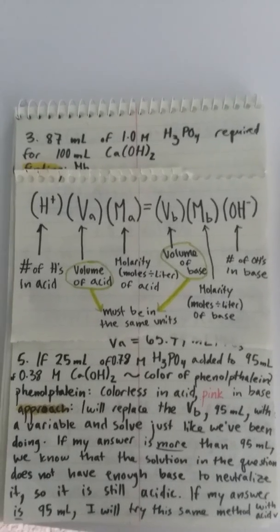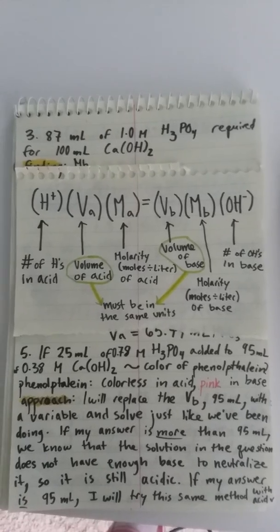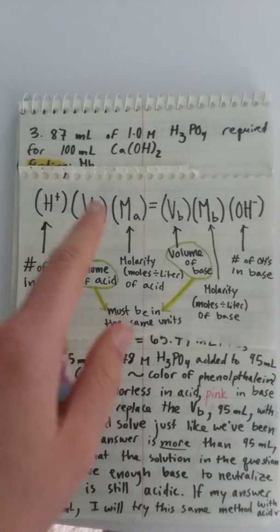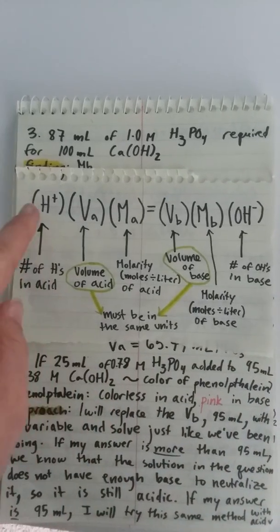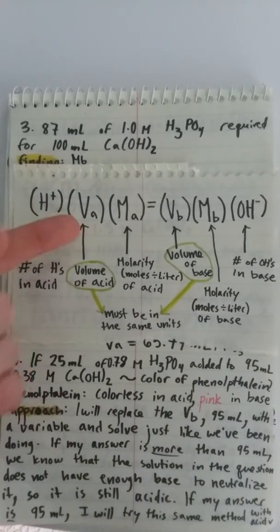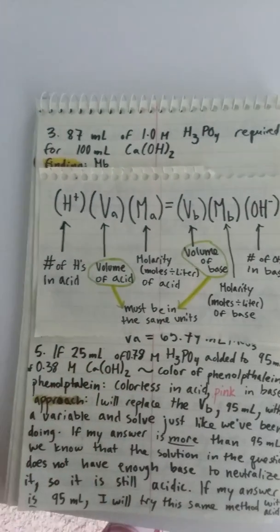So my approach is, we're given all of these values, like we can find the H plus, and we're given all of the other values in the question.